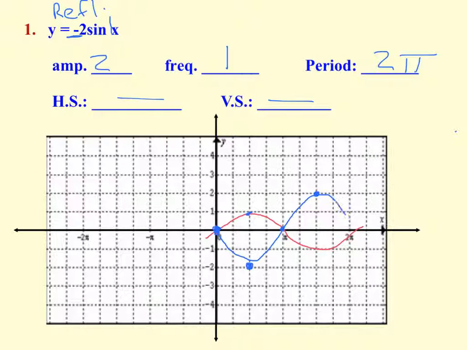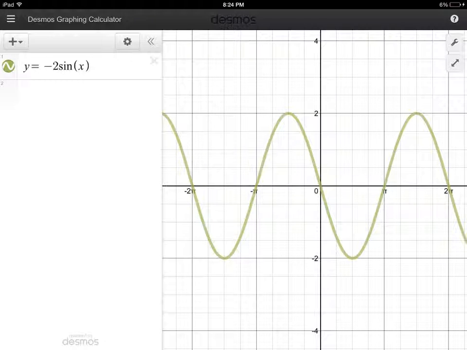So we see that shape emerging. Should go all the way down there. So you get the idea. Here, of course, is a better picture of what that graph ought to look like.